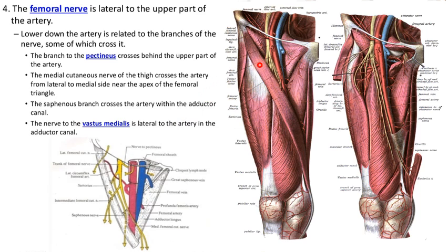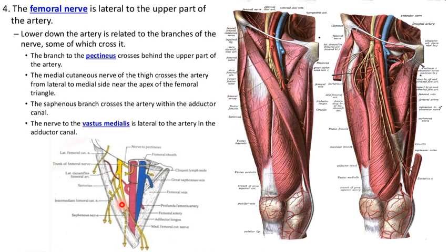From the anterior division, there is this nerve which is called the medial femoral cutaneous nerve. It is initially lateral to the femoral artery. Then at the apex of the femoral triangle, it crosses the femoral artery from lateral to the medial side.